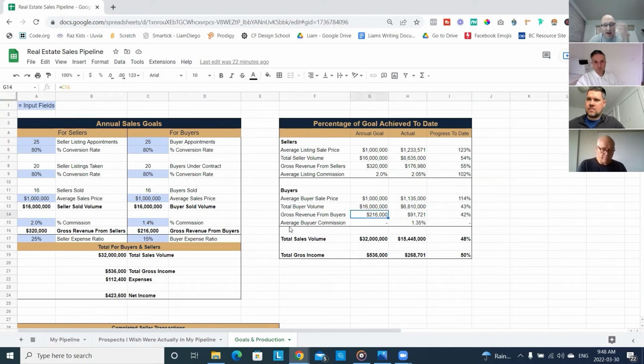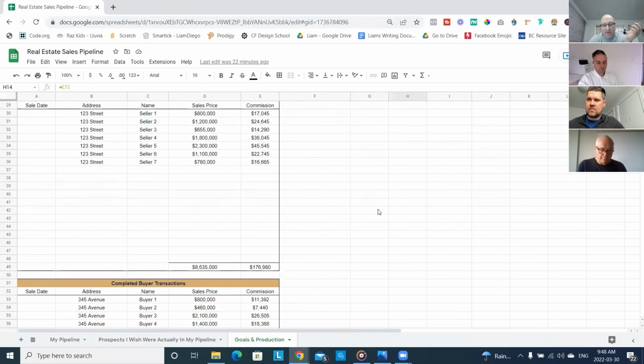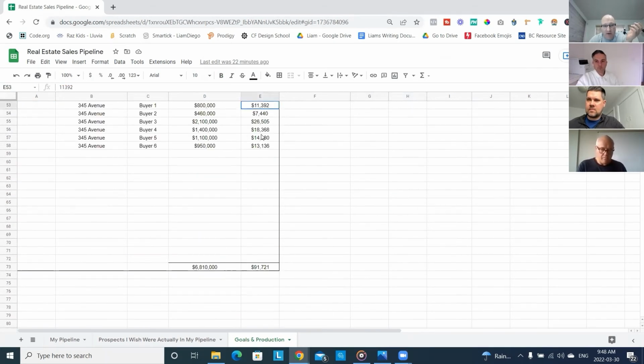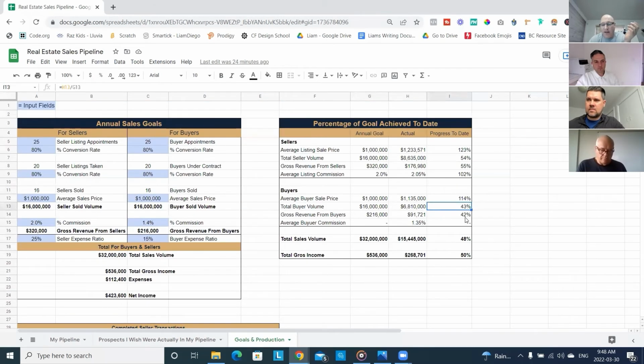Then gross revenue from buyers, again, it's auto populating from here, which is calculated from your inputs here. Your actual gross revenue from buyers, which is adding up your paid out commission from your buyers. And then where you are progress to date. So it's helping you see it on an annual basis.